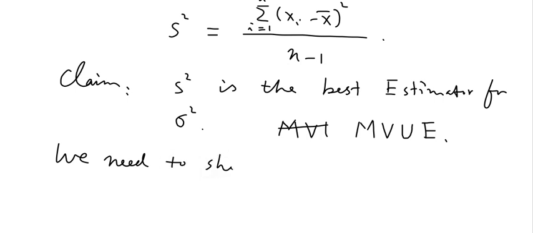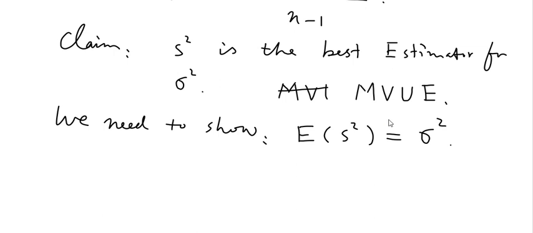We need to show that E of s squared equals sigma squared. But for the MLE estimate, E does not equal sigma squared, so we can say the estimate from MLE is biased.